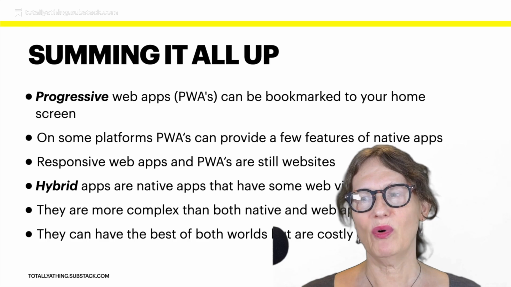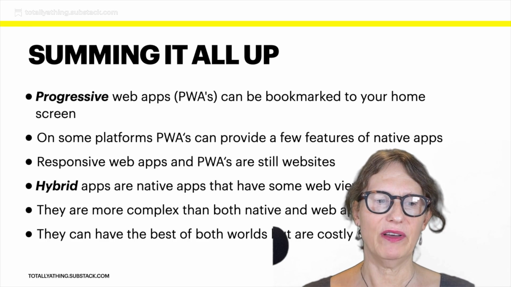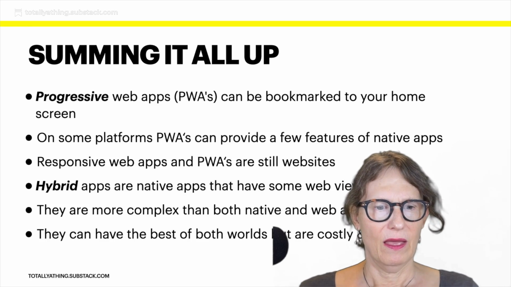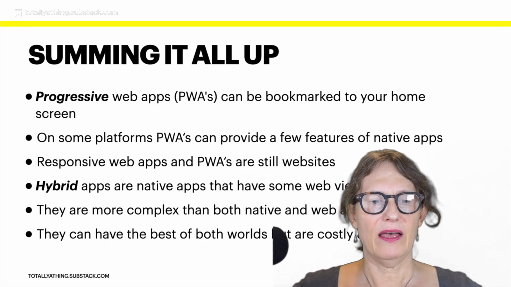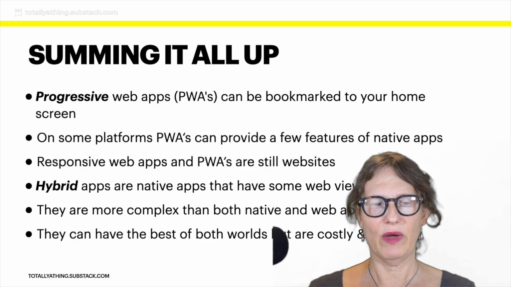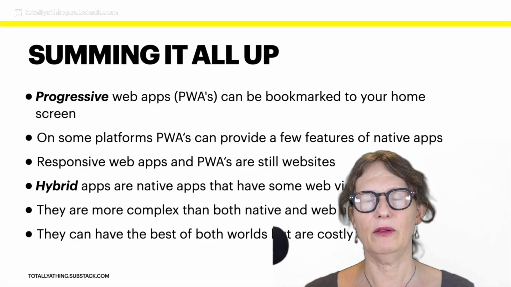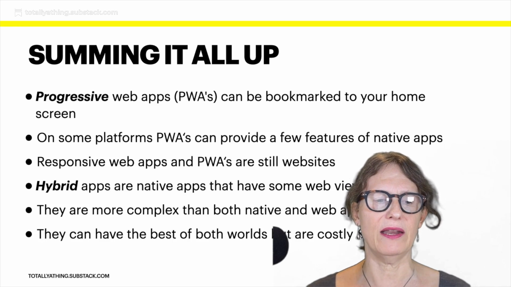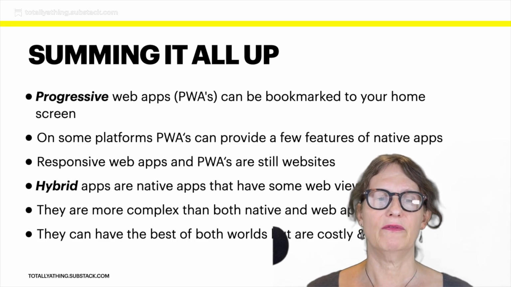Those apps are more and more getting denied by the stores because the stores are just for native apps. Hybrid apps are a native app that have some web content built into them, a little bit like your email client does. They're very, very much more complicated, but they can have the best of both worlds.